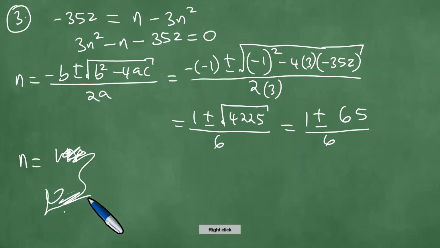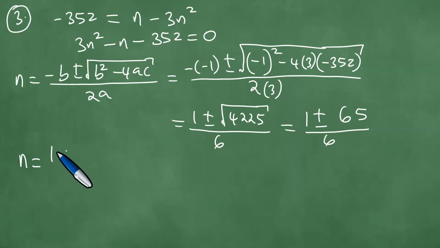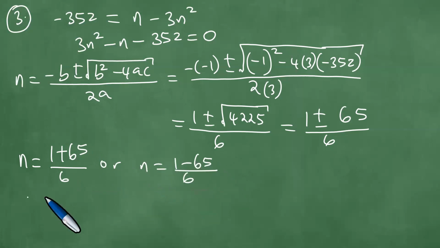Okay, just a sec. Need to clean this up. So we have n equals 1 plus 65 out of 6, or n equals 1 minus 65 out of 6. So this is like 66 out of 6, 11. Okay, you already got the answer there.